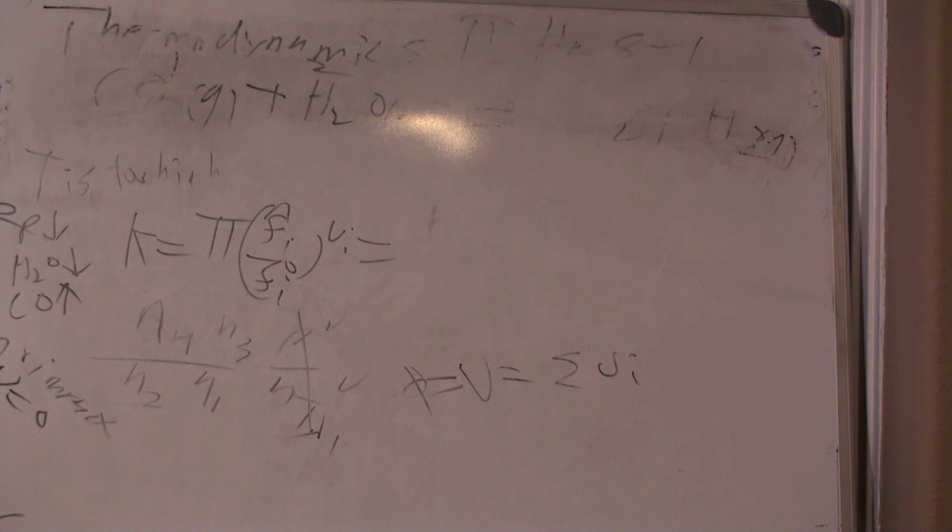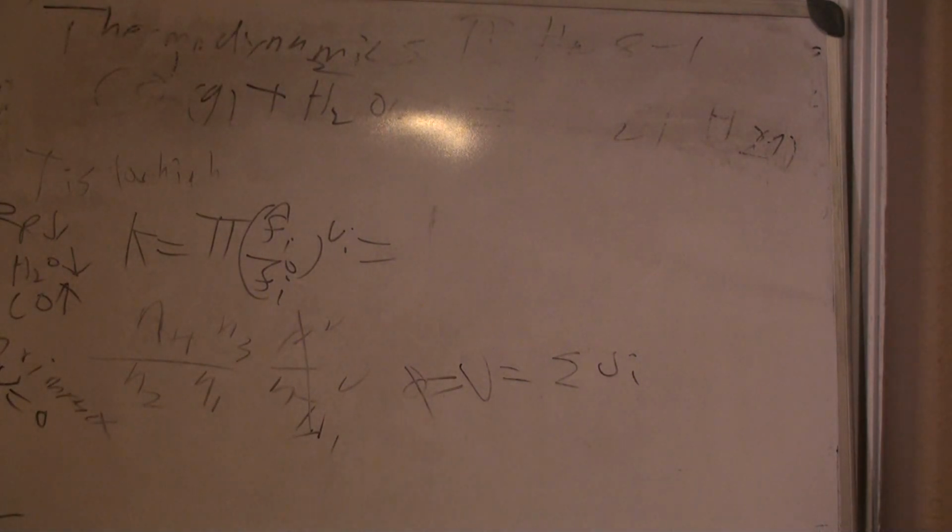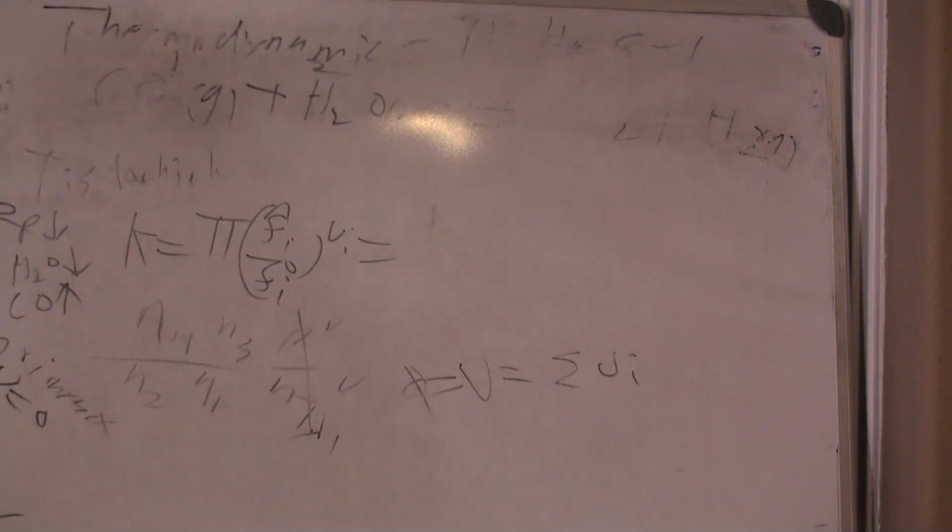Dehydrating water is not hard. There are a lot of dehydrating agents to remove water from the air. So that's not crazy. Adding more CO, that's not crazy either. So those are both viable options in terms of how I design this reactor. And that's what this really gets down to. It's not that I'm all of a sudden changing the pressure or adding an inert.